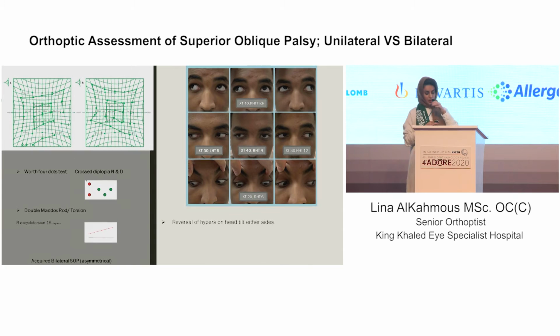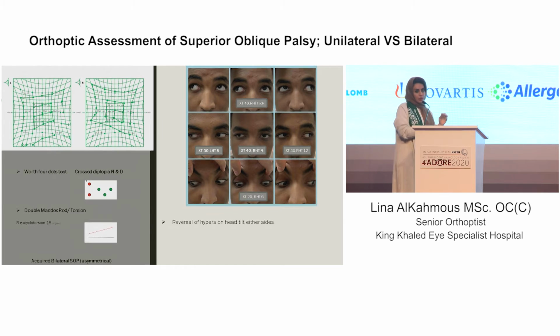This is a case of acquired bilateral superior oblique. We'll notice here a large V pattern. If you look from the upper primary gaze to the down gaze, the difference between the up measurement and the down gaze measurement is 20 prism diopters.